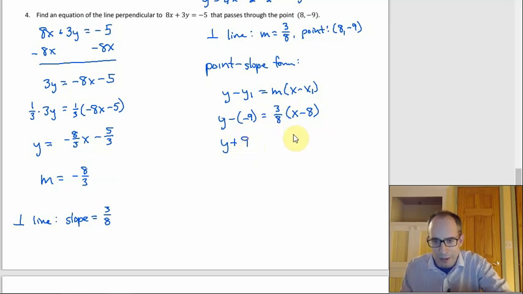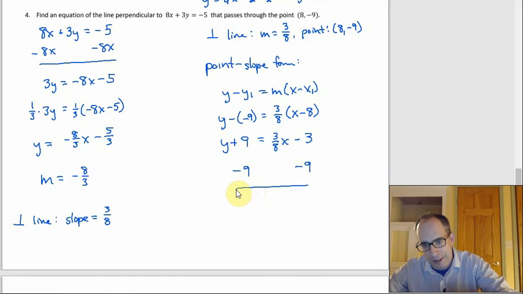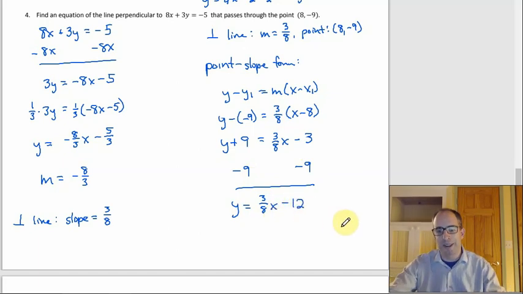And then on the right, that's going to be 3/8 x minus 8 times 3/8, but that's minus 3, since those 8s are going to cancel out. And then to get this into slope-intercept form, I'm just going to subtract 9 from both sides and say then that y is equal to 3/8 x minus 12. And that is the answer right there.